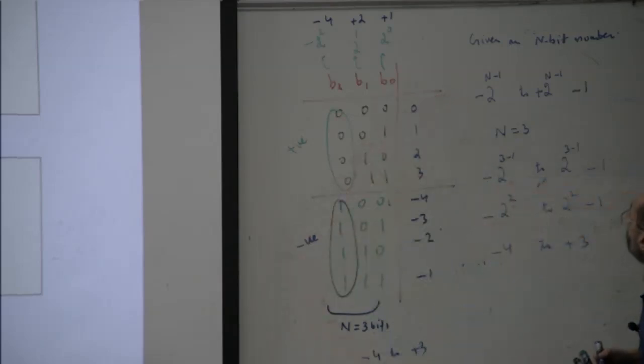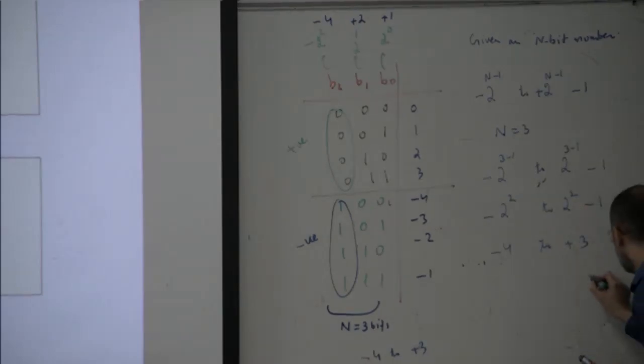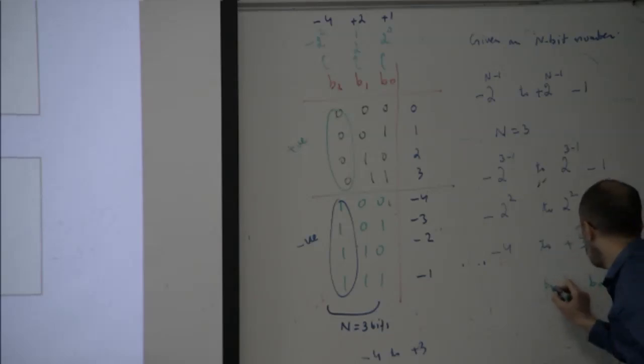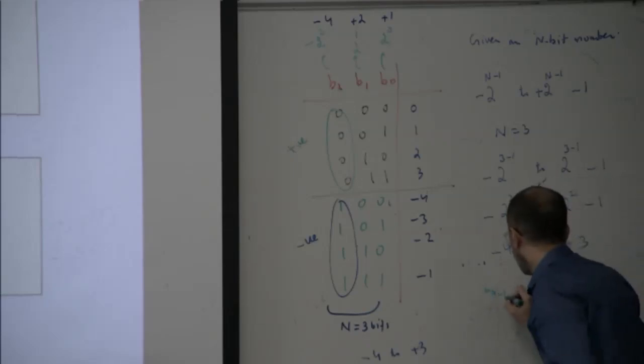Okay. In general, if we have any n-bit number, we can write it as b0, b1, b2, until bn minus 1.